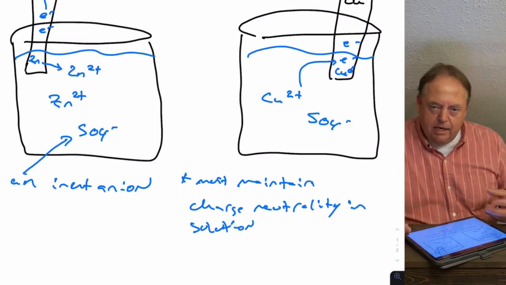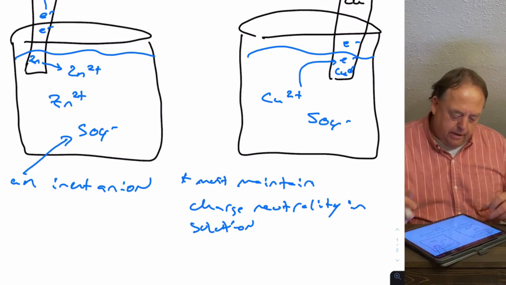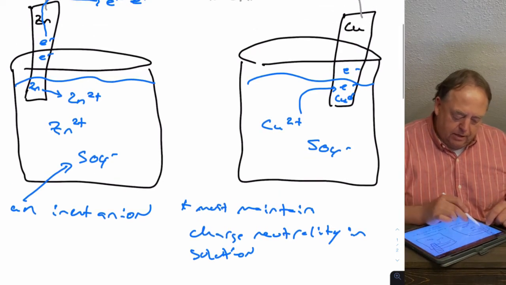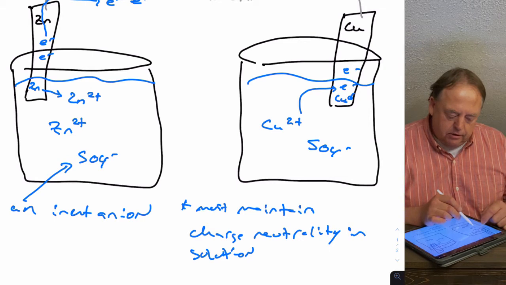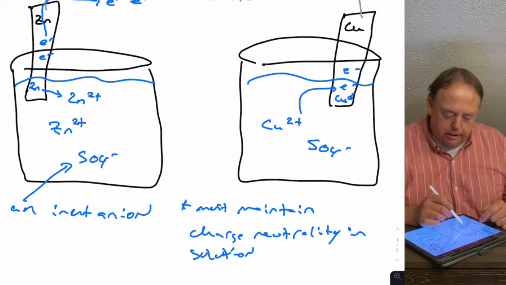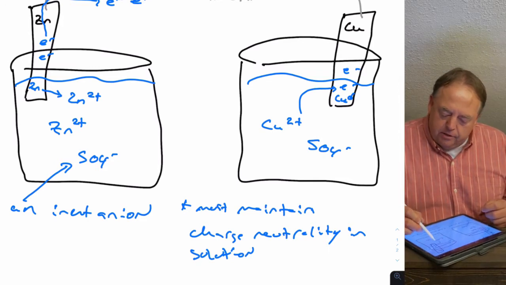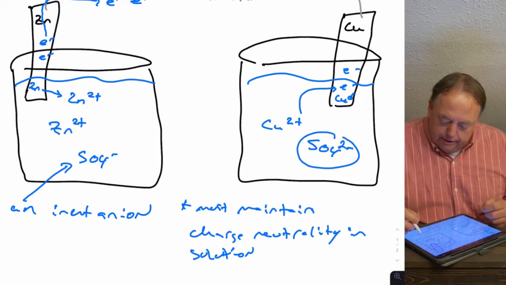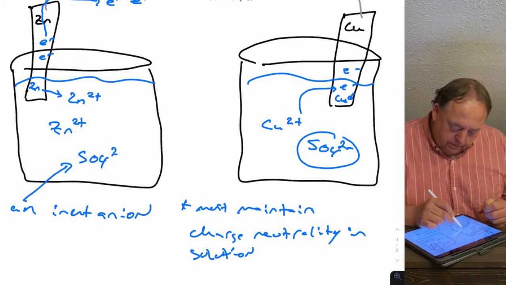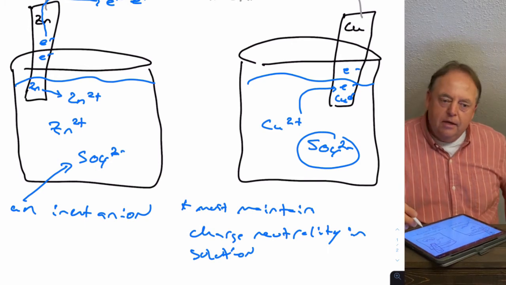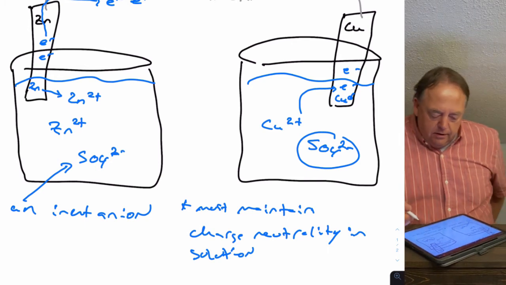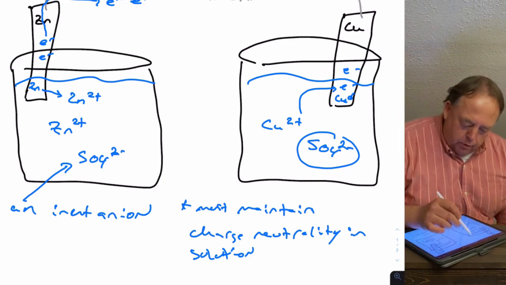If you have negatives, you got to have the same number of positives to balance them out. And so every single time one zinc atom loses 2 electrons and goes into solution as zinc 2+, you no longer have charge neutrality, because now you have more positives than negatives. And every time a copper picks up 2 electrons to become copper 0, now you have more sulfate, SO4 2 minus. Now you have more negatives than you have positives. So that can't happen.